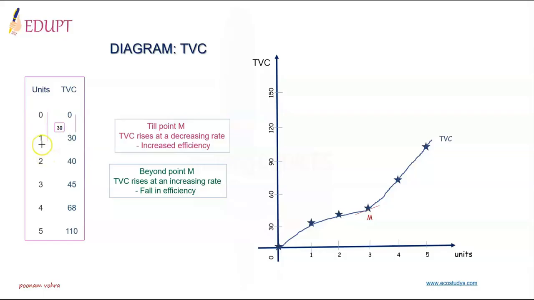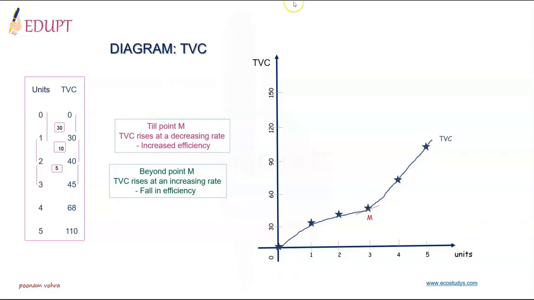And when units produced increases from 1 to 2 units, total variable cost increases from 30 to 40. That is, there is an increase by 10. And when output increases from 2 to 3 units, total variable cost increases from 40 to 45, implying an increase of 5.